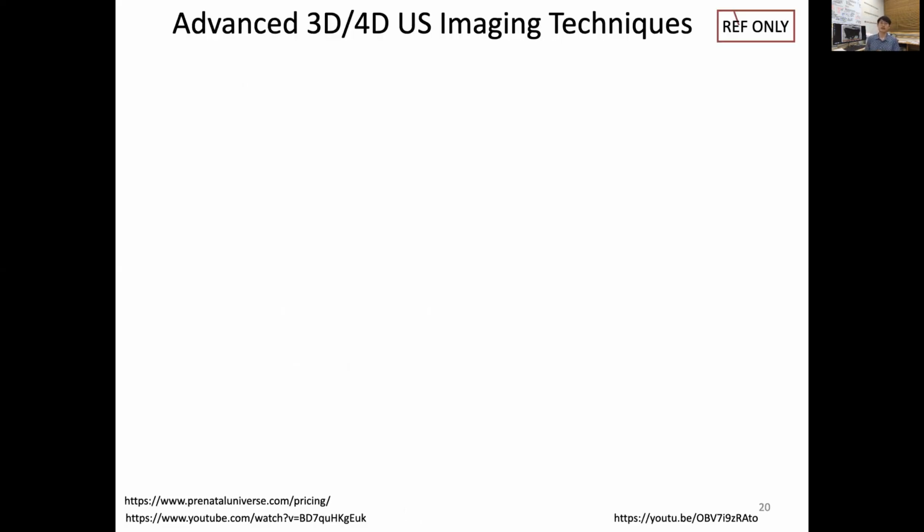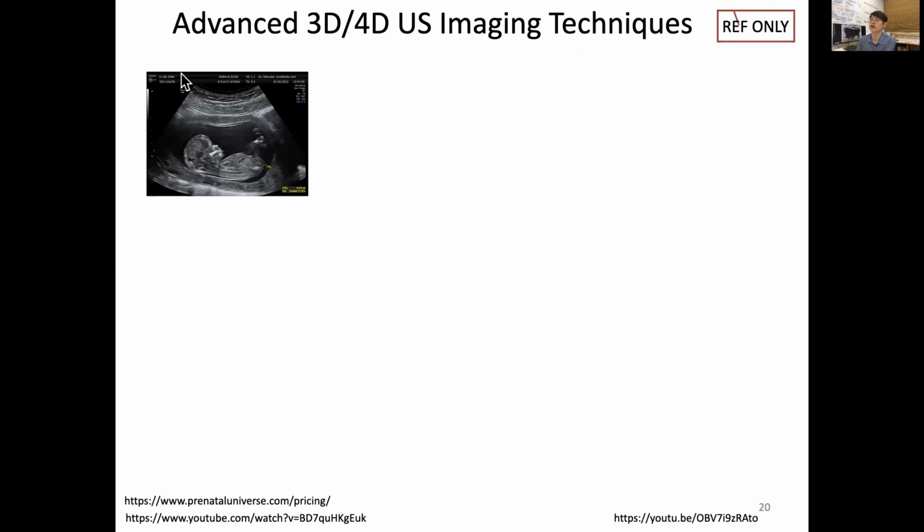So now I want to give you an example of advanced ultrasonic 3D, and 4D is 3D plus one more dimension, usually in time. So 3D is usually in space, like 3D structure, and the changes in time, if we collect the data, we call four-dimensional ultrasonic imaging.